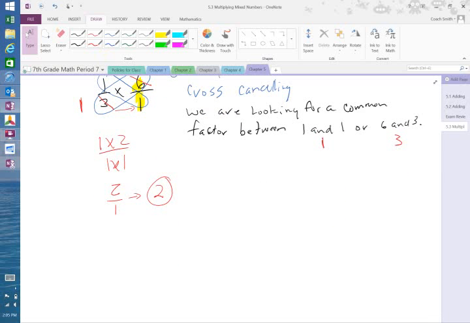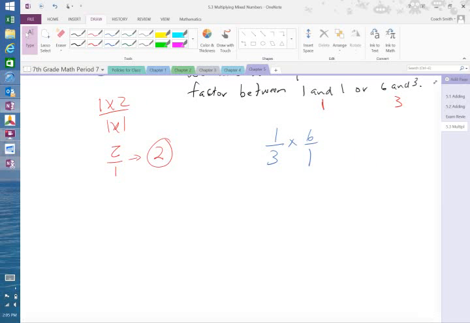Okay, what we're basically doing when we cross cancel, okay, let me write the original problem. What we're doing when we cross cancel is this. We're writing each of the numbers 1, 6, 1, and 3 in their prime factorization. Okay, so I have 1 times 2 times 3 on top, and I have 3 times 1 on bottom. Okay?